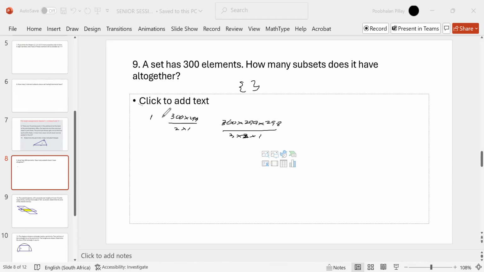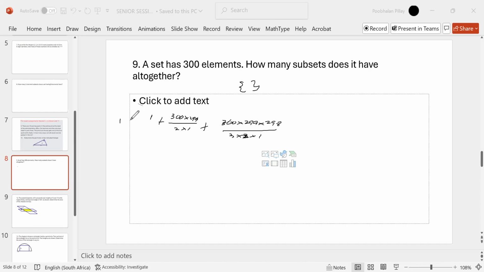Of course, you have to add this. There's only one subset which has got no elements. These are all the one element subsets, that means a subset having one element. These are the two elements. Oh, I missed the one element subsets out.